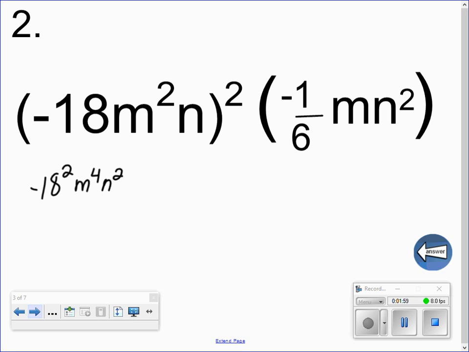Now we want to simplify negative 18 squared, which would be 324, m to the fourth power and n to the second power. Now we haven't done anything with the negative 1/6 yet, so we still need to multiply.